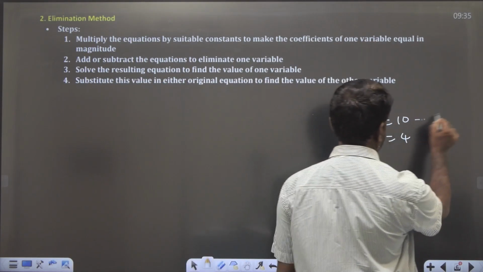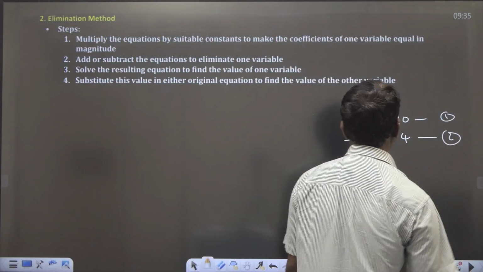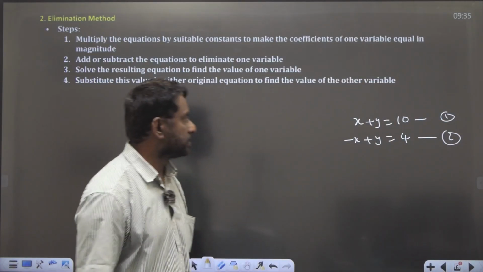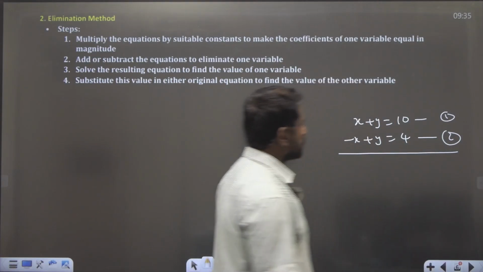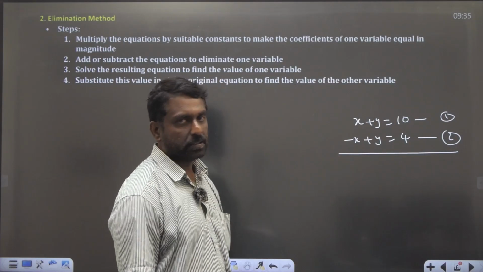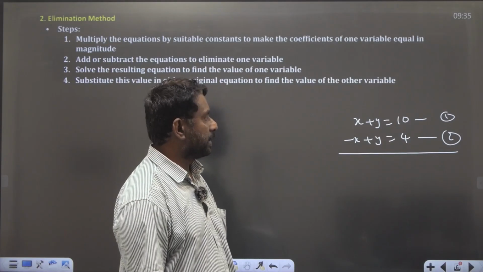Take it as equation 1 and equation 2. Elimination method means we have to eliminate x or y from these equations. How can we eliminate?